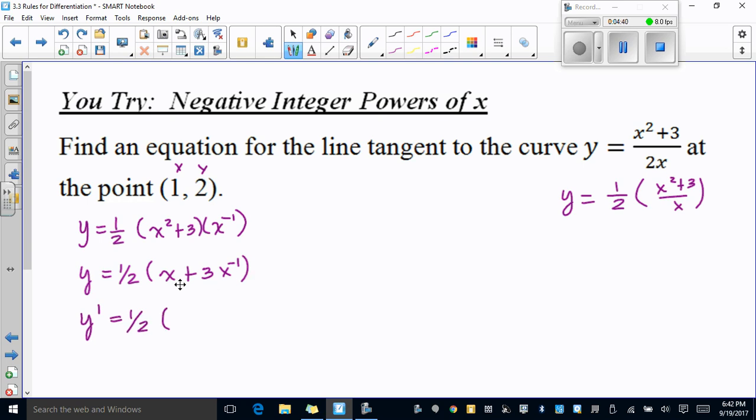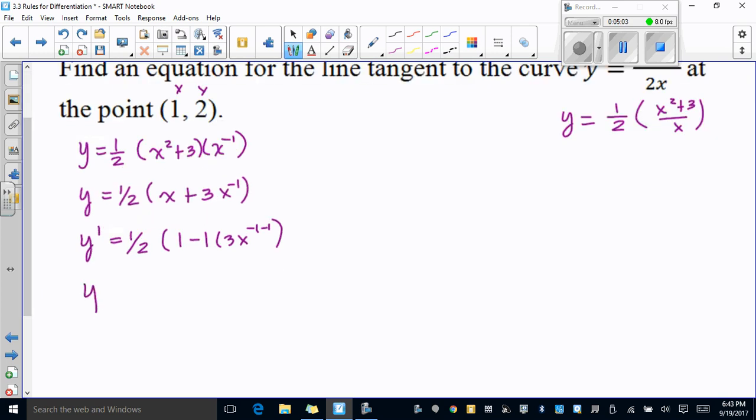Well, derivative of x is just 1. x to the first power, I bring down the 1, 1 minus 1 is 0, x to the 0 is 1. This negative is going to make this positive into negative. So it's minus 1 times 3x, and negative 1 minus 1 is going to give us negative 2. So y prime, we're going to clean it up a little bit, is 1/2 of 1 minus 3x to the negative 2 power.